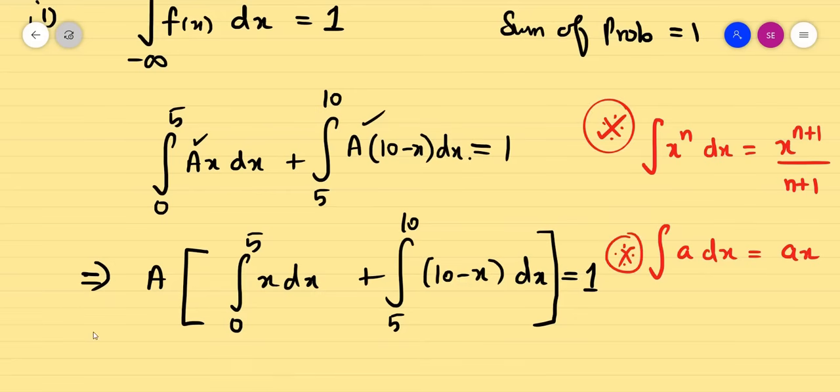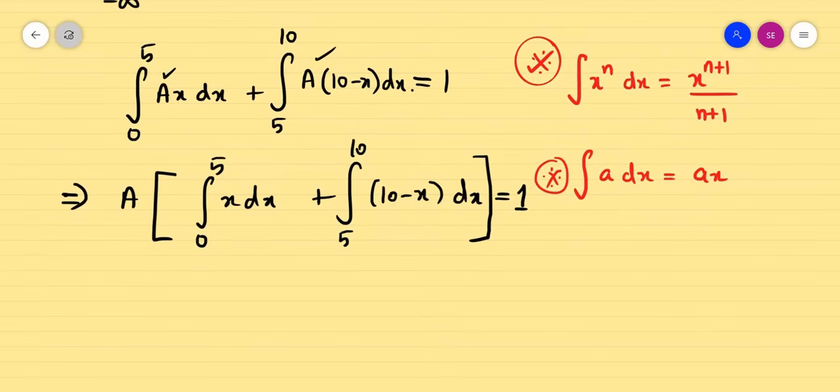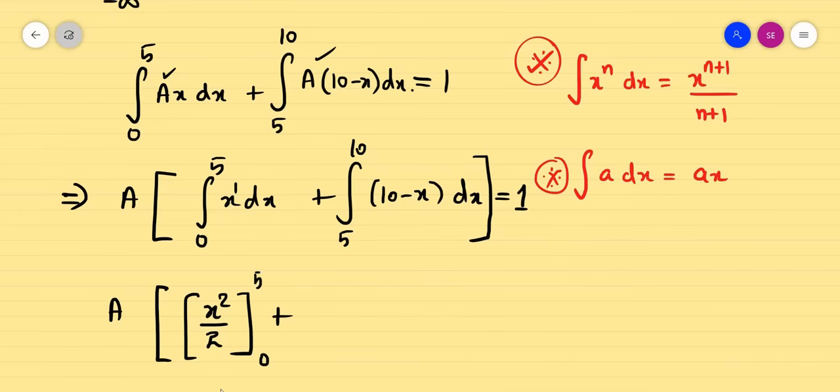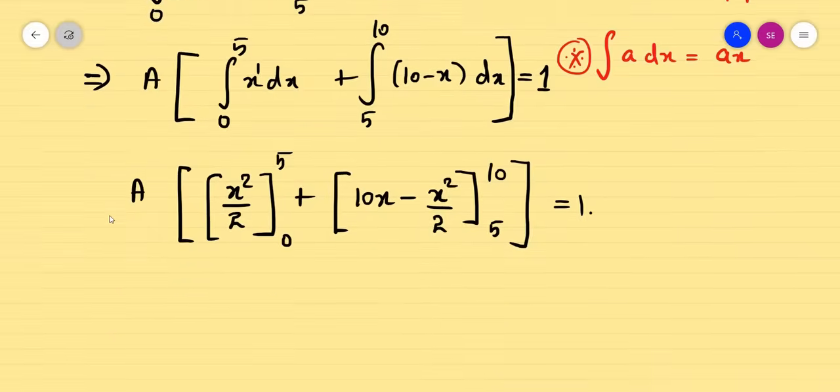So now tell me what is the integration of x, from the formula. Integration of x is x square by 2, because x power 1, n plus 1, so 1 plus 1, 2. Okay, so my lower limit is 0, upper limit is 5. Here 10 is constant, integration of 10 is 10x, minus x integration is x square by 2, from 5 to 10. If you simplify this, you will get a value.